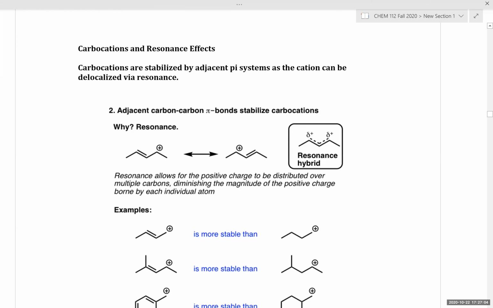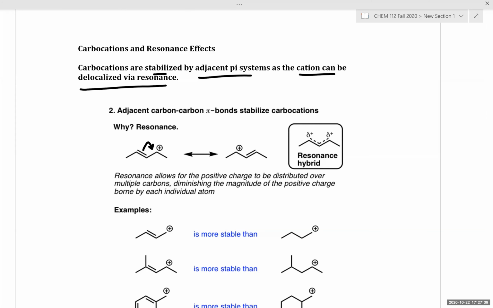Carbocations are stabilized by adjacent pi systems, as the cation can be delocalized via resonance. So, for example, for the following allylic cation, we can draw a valid resonance structure where we've delocalized our cationic charge over multiple atoms. This in turn stabilizes our carbocation.